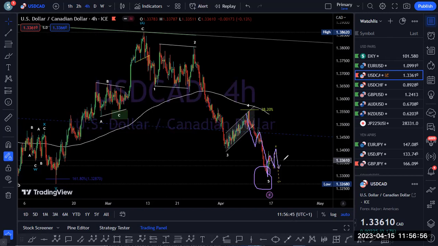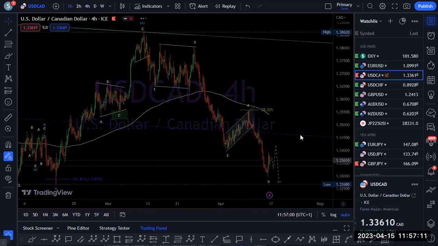Then we get 1, 2, 3, 4, 5. So the possibility of getting a new low is here. In fact, I'm not buying USD CAD now. I will not buy now until I see enough reason to buy. Maybe within the week, if you join my Telegram channel, if I see reason to buy, I will share it.